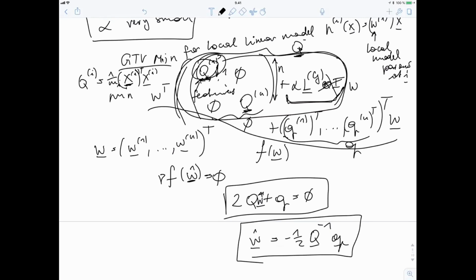Then we have here the Laplacian matrix, so this matrix Q would become the Laplacian matrix. Is the Laplacian matrix invertible for any empirical graph? No, it's not invertible. It's always not invertible, so in this case it would not work. But if the local data sets are nicely behaved, then this matrix is invertible, and then you can compute it.